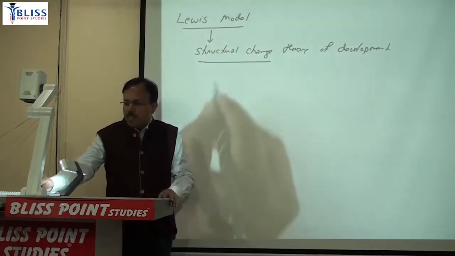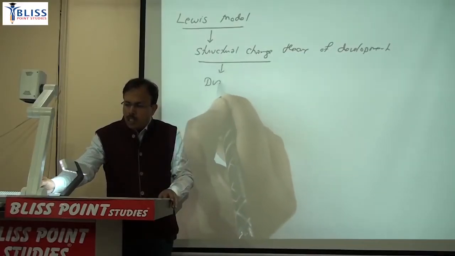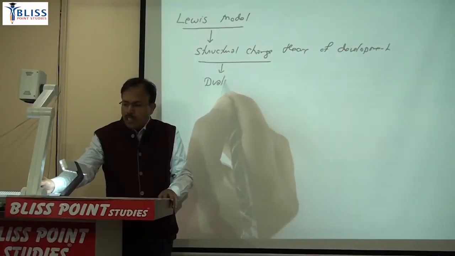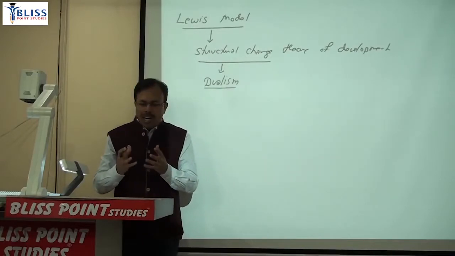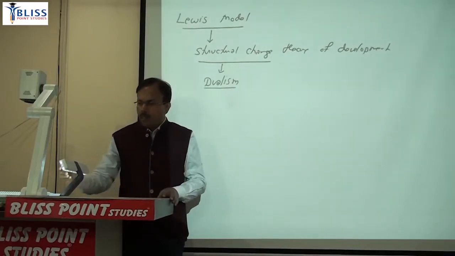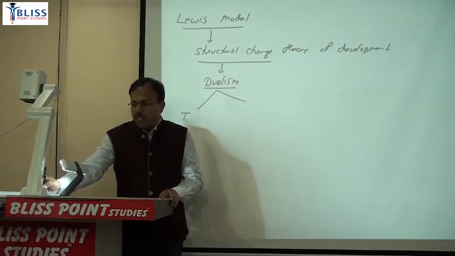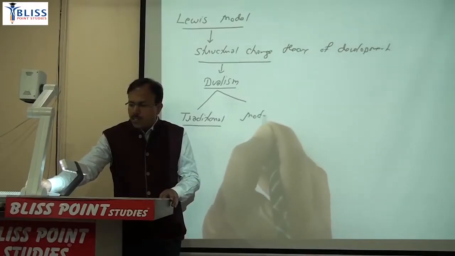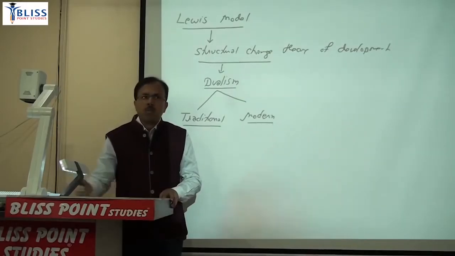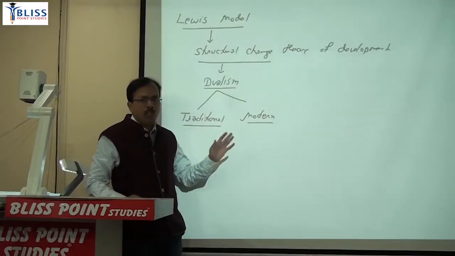The Lewis model goes on to say that the economy, to begin with, is characterized by dualism, and dualism basically means coexistence of 2 separate sectors, in which one sector is the traditional sector and the other sector is the modern sector. So there is a coexistence of 2 sectors, one traditional, the other modern.